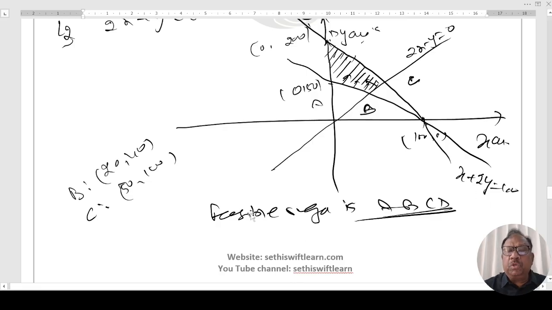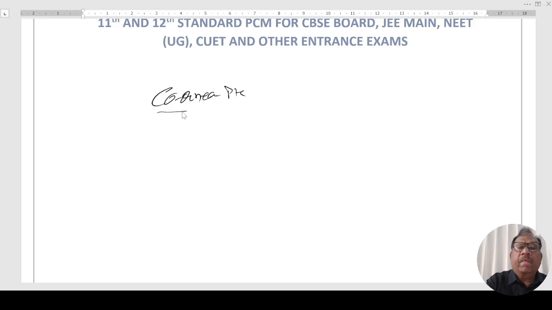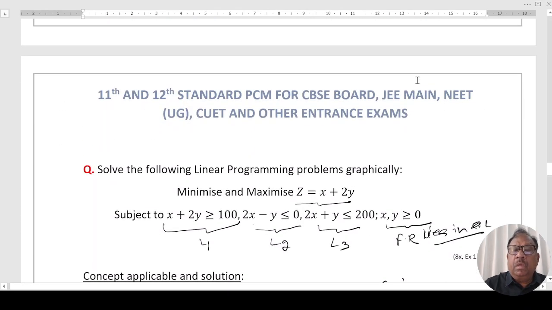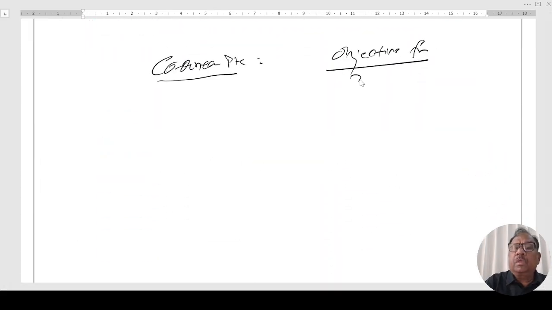Now to make the calculation, corner points in the objective function. Objective function is x plus 2y.